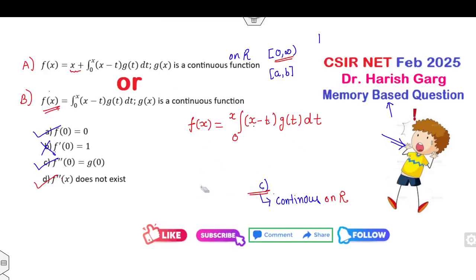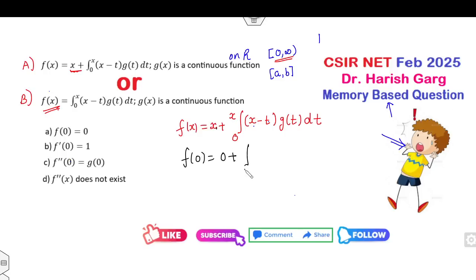Now, if my given statement was f of x equal to x plus the integral, let me write it clearly. This is f of x equal to x plus the integral. Then we will see which option is correct. F of 0 is 0 plus the integral with lower and upper limits 0, so the answer is 0. So the first option is correct in both cases. Now the derivative: f dash is 1 plus 1 into g of t.